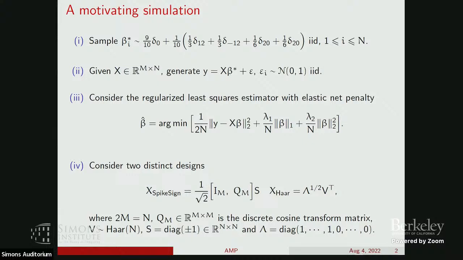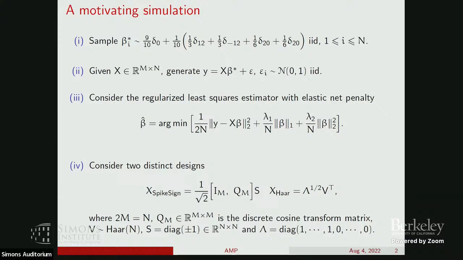Now, what I want to draw your attention to is the fact that these two designs are very different, in the sense that they're not even of the same aspect ratio or dimension. They're not even comparable. One is square, the other is a rectangular matrix. The second thing is that there are very different levels of randomness in the designs.